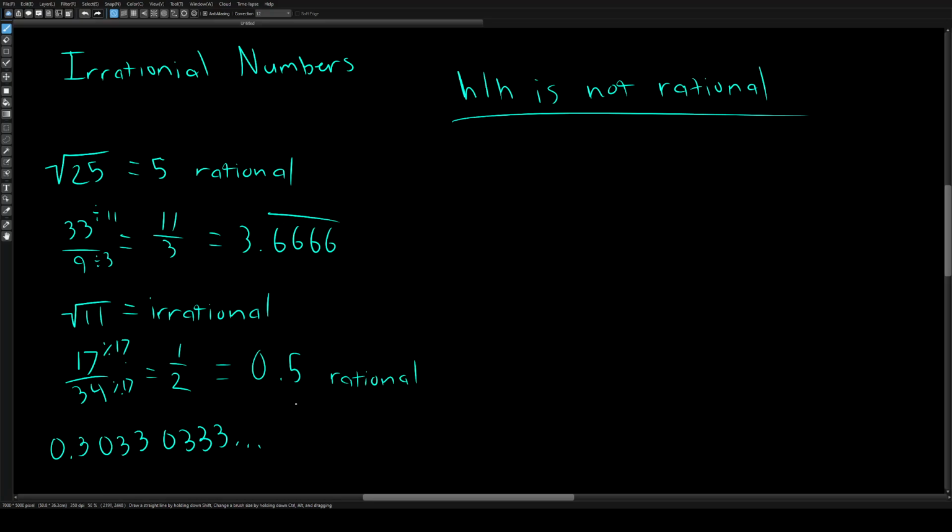Now, once we get to this decimal down here, this is where we start to think a bit deeply, because we see it is a non-terminating decimal. However, as we can see, the sets of threes increase every time. So we do not know if there will be an end to the sets.